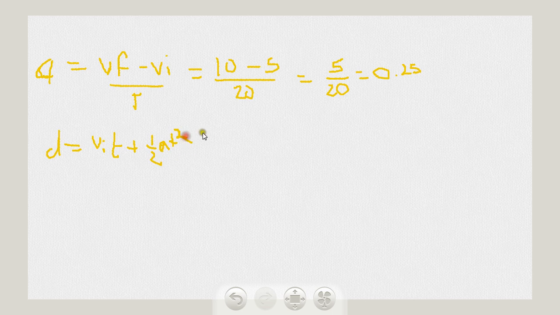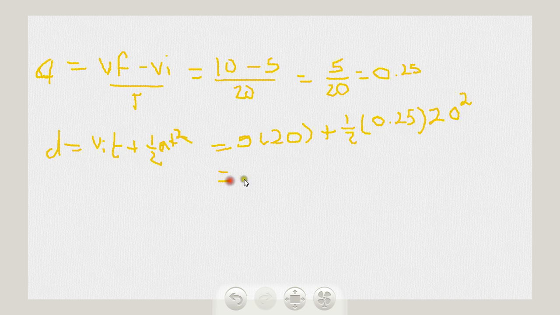So for that, the numbers: a t squared. So that's equal to initial velocity 5 multiplied by the time 20, plus a half multiplied by the acceleration. So the acceleration will be 0.25, and this is multiplied by the time squared, 20 squared.